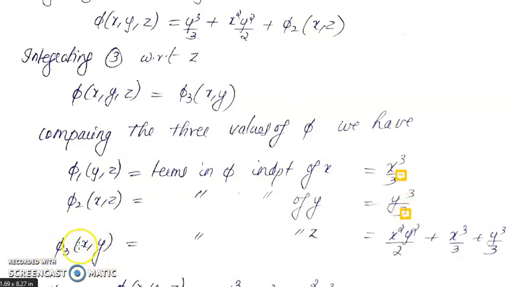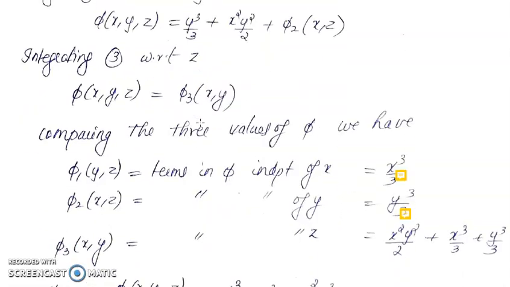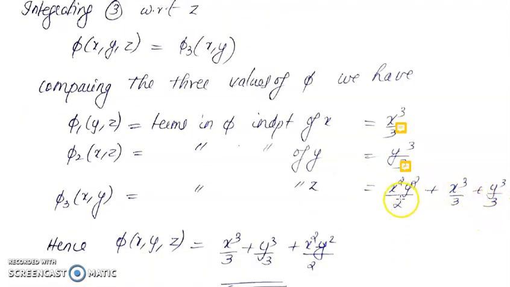Similarly phi 3 of xy is the terms in phi which are independent of z. Here x cube by 3 is independent of z, x square y square by 2 is independent of z, and y cube by 3 is independent of z. So all the three terms will come. That will give you the values of phi 1, phi 2 and phi 3.